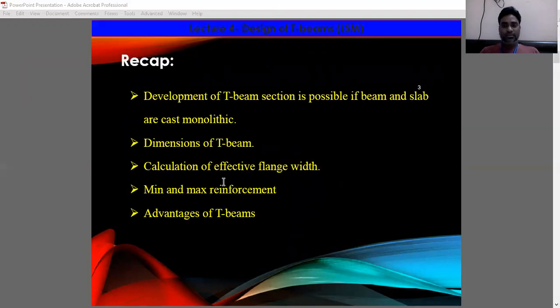Before starting today's lecture, I would like to recap what we discussed in our last lecture. We discussed what is meant by T beams and where they can be used, where beams are designed as T beams or L beams, because where beams and slabs are cast monolithic, you can design as a T beam or L beam.